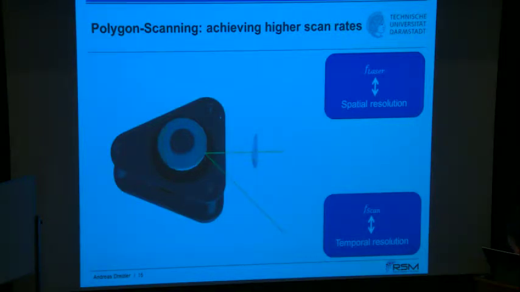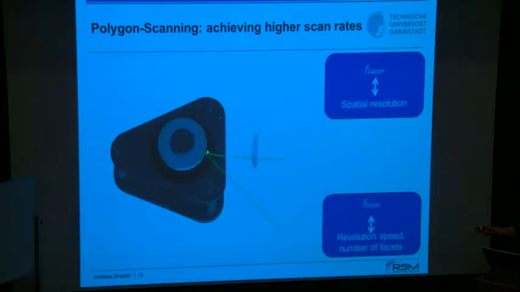How long does it take to bring the light sheet from this edge to this edge? As I said, this time should be shorter, of course, than the time scales you want to resolve. And that means the challenge here is to increase the revolution speed or the number of facets. But there is as well a limitation.